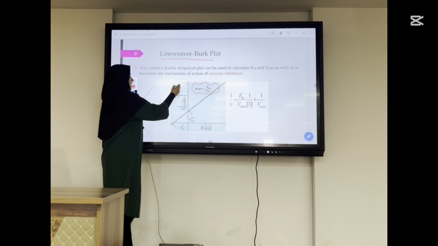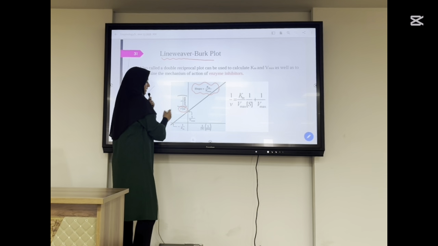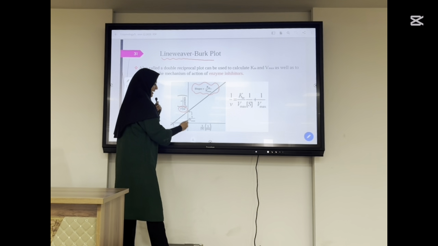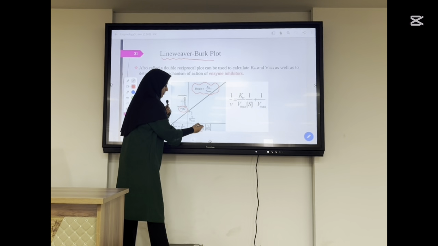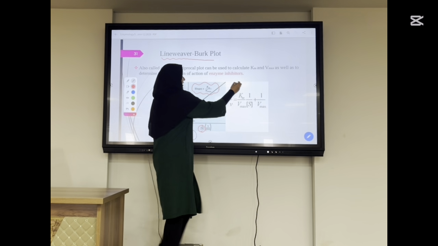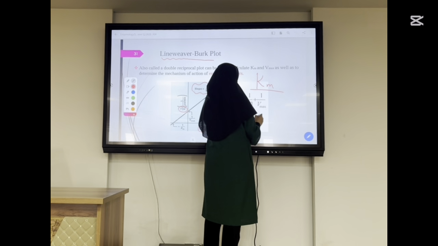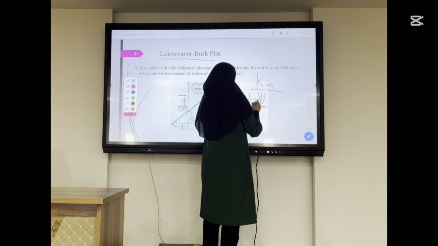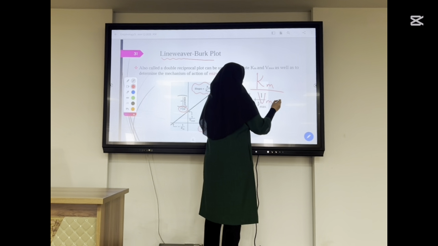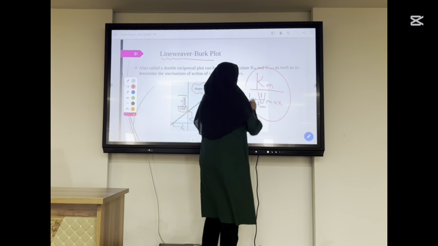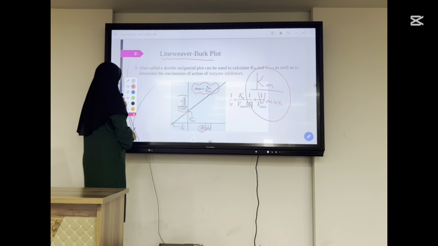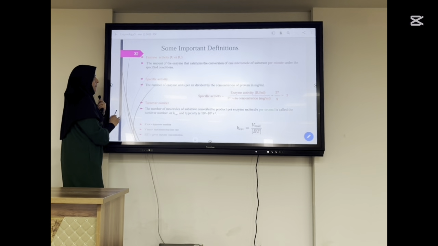You know that if I draw one over reciprocal velocity against reciprocal substrate, the slope is Km, please hold this in your mind, over Vmax. In this slide, this point is very important. But how can I use it?